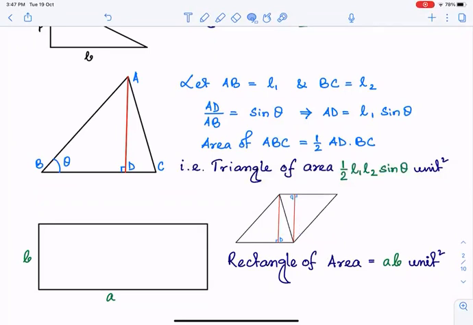So a parallelogram with side lengths L1 and L2 and angle between them theta will have area twice of half L1 L2 sine theta, or in simple words L1 L2 sine theta. Is it okay for all? How are we getting double area?